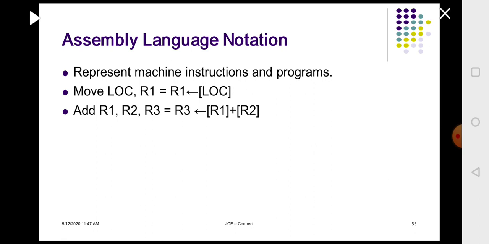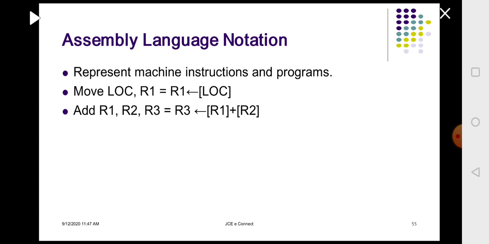For example, the statement given here, MOVE LOC, R1. Here the contents of LOC are moved into the destination R1. We are writing in assembly level language, and these instructions are called mnemonics.